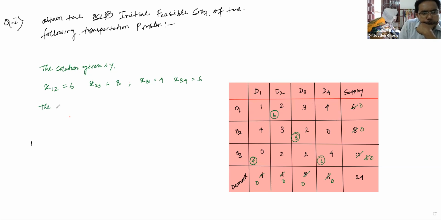So the total number of occupied cells is equal to 1, 2, 3, 4, 5. Somehow I have missed one of the steps.